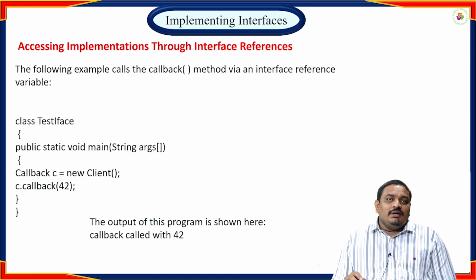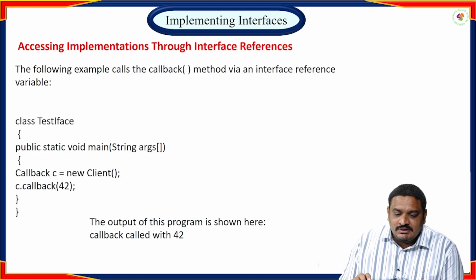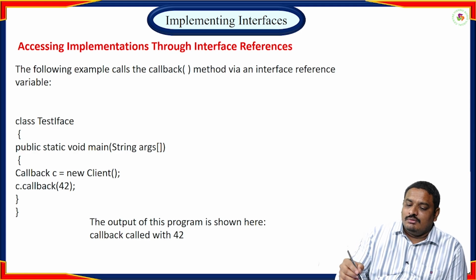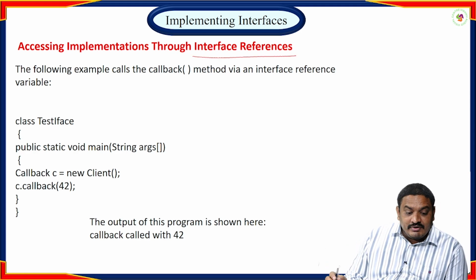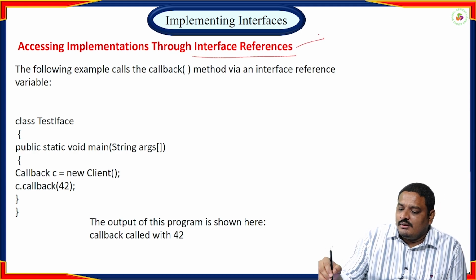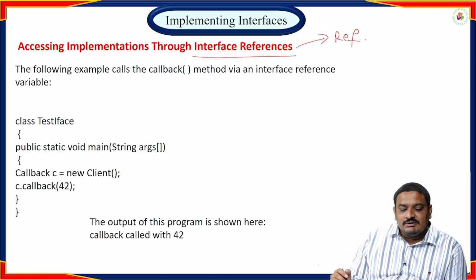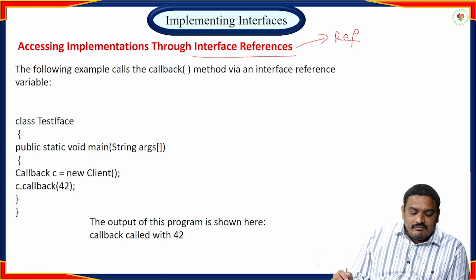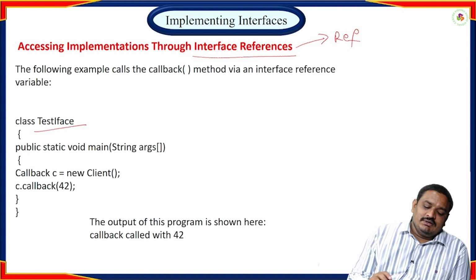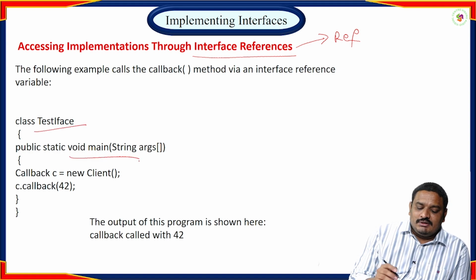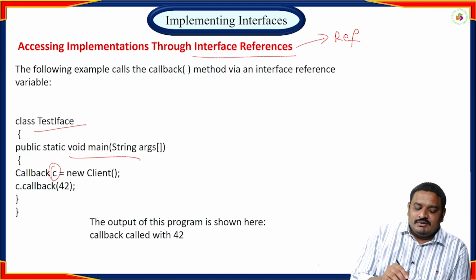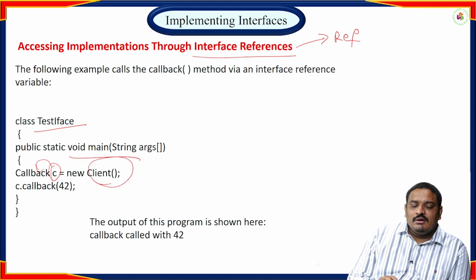How to access the implementation through interface references. Remember references. Here the class is a test class with the main method, c is the object for the Callback class. This is for the Client class.